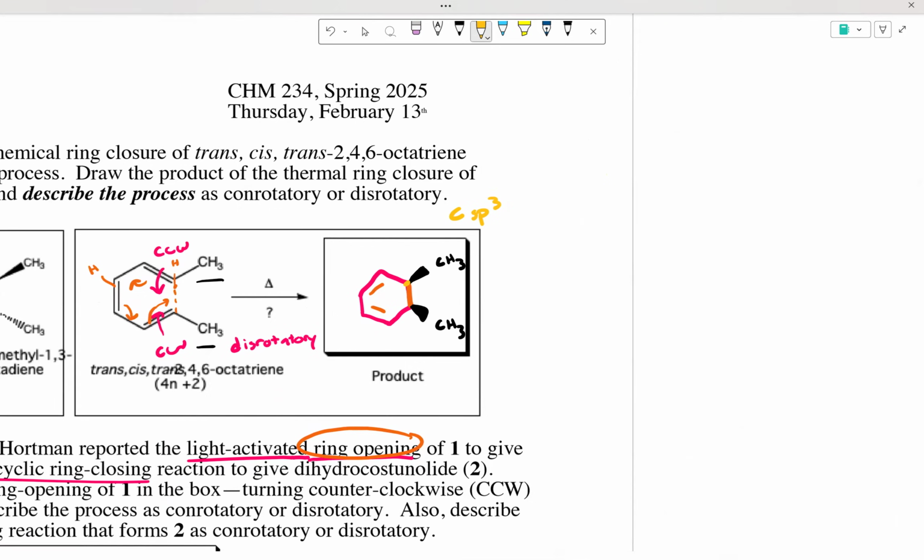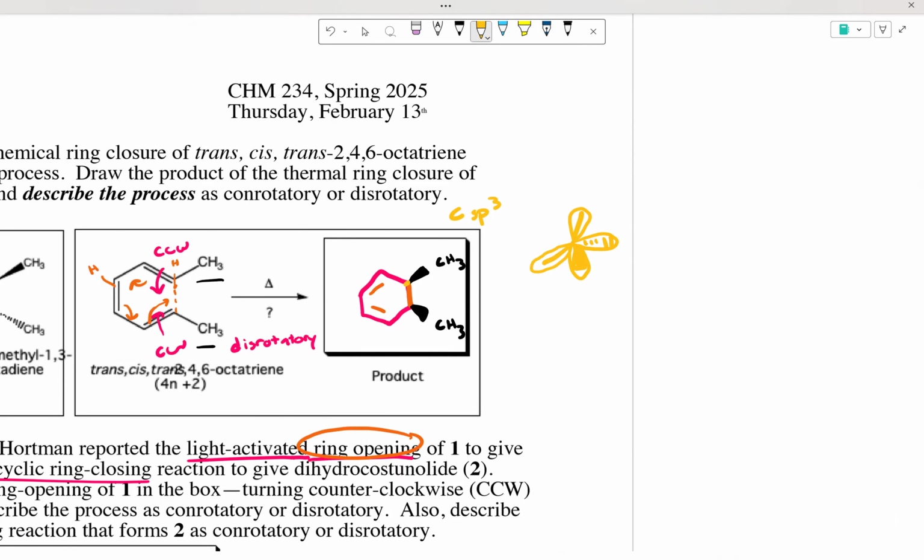Yes, it is tetrahedral. So one's gonna go on top, but then one's gonna go this way, one's gonna go this way. This one's gonna go to the back. So in a way, this is the wedge bond. This is the dash bond. And these two are just in a plane.